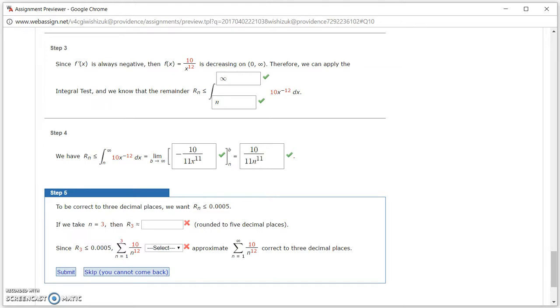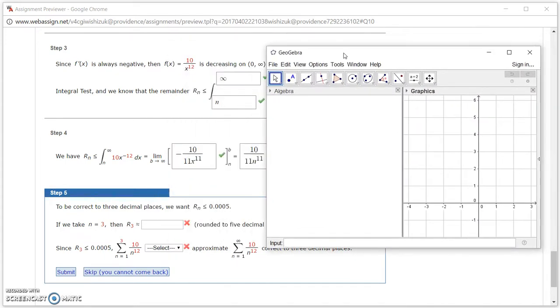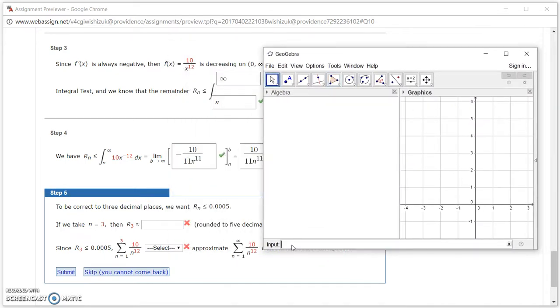Let's bring out GeoGebra and compute that value. I'm going to type in 10 divided by 11 times 3 to the 11 power, then hit enter.